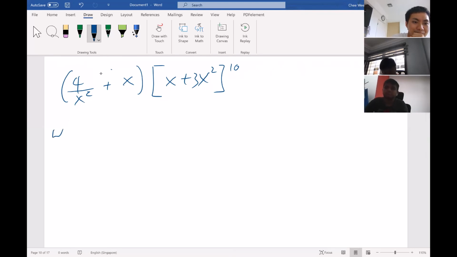Then I want x to the power of 7. Maybe not 7, it should be more powers actually. 14 then, okay? So just run through with me your idea slowly.